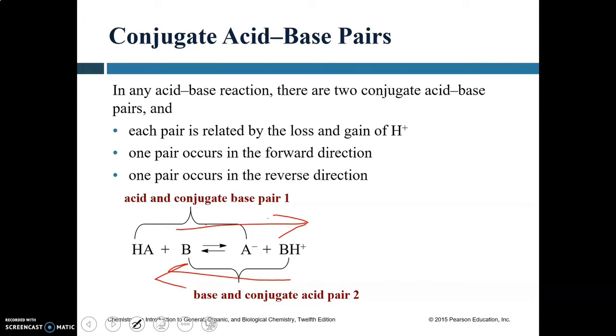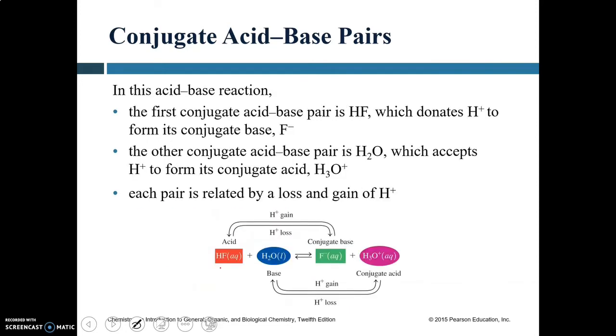So for example, in this hypothetical situation, HA and A represent one conjugate acid-base pair and BH and B represent another conjugate acid-base pair.